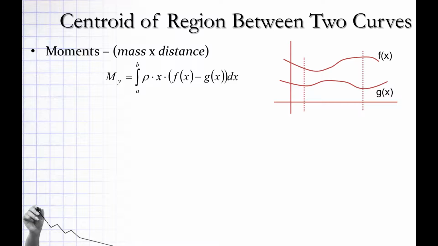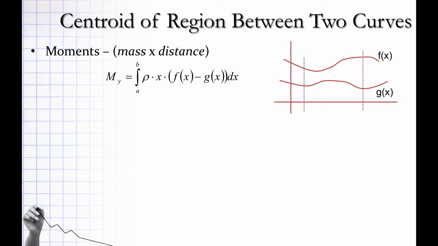So what did we just talk about? Area times density is mass. So the area between two regions is f of x minus g of x. So this is your area times density, so there's your mass. And the x in any given rectangle is telling you how far it is from the y-axis.